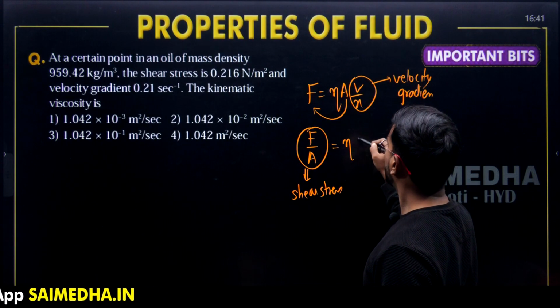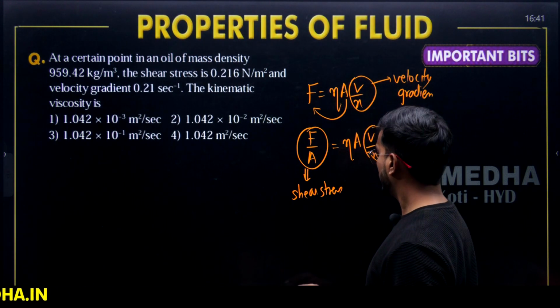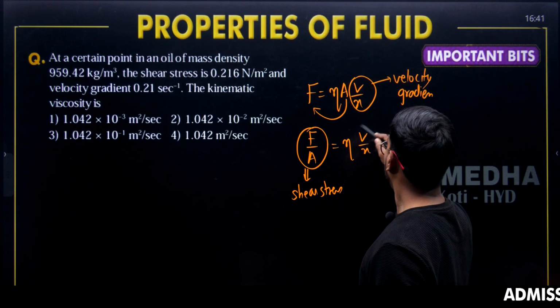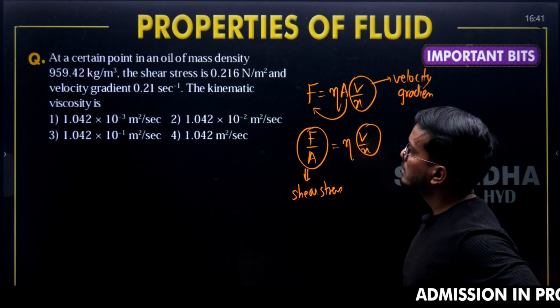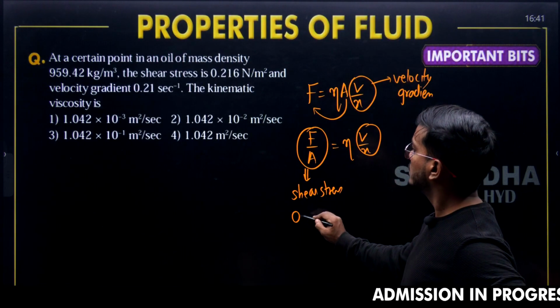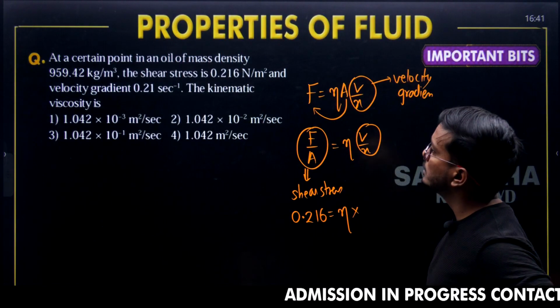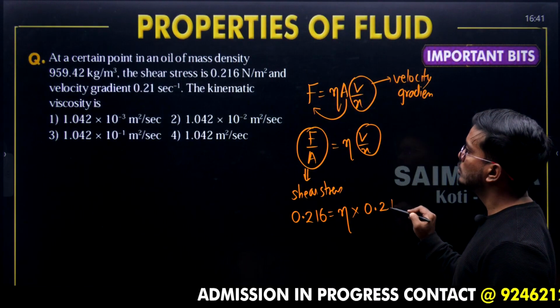So F by A is equals to eta into V divided by X. This value is given. V divided by X is also given. So what is the F by A given as? Shear stress is given as 0.216. So 0.216 is equals to viscosity into velocity gradient, which is given as 0.21 per second. So this is 0.21.